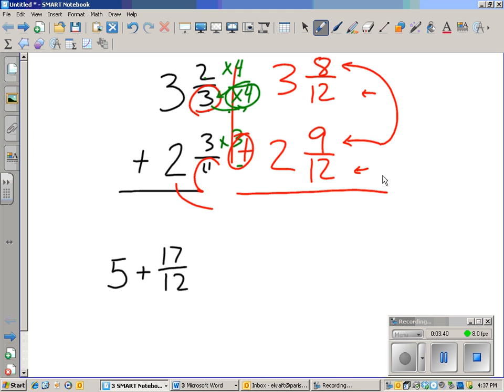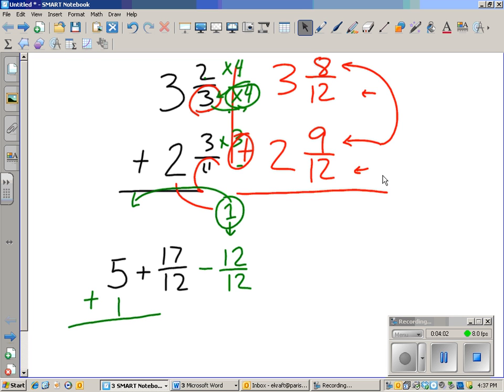So I'm going to reduce it. I'm going to simplify it by taking out a whole number. I'm going to take out 12/12 from 17/12. That's my whole number, right? 12/12 is 1. I'm taking away 1 from that fraction. When I take away 1, I'm going to add it to my whole number over here.